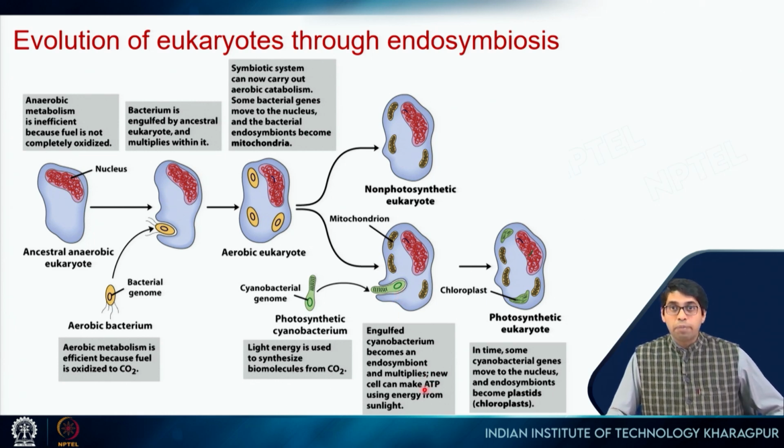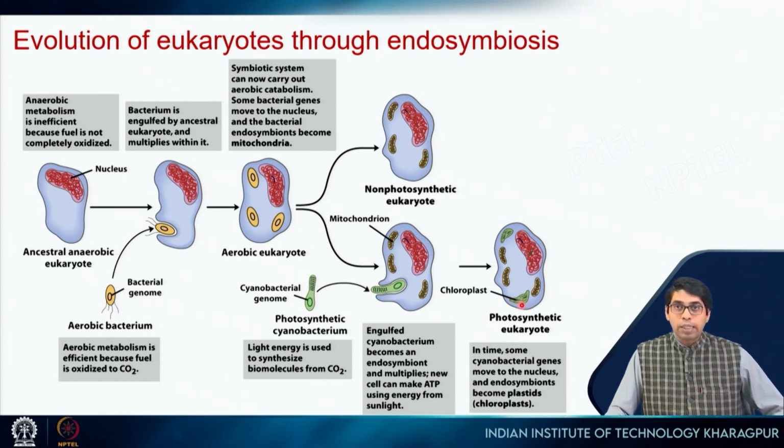Now it can make ATP using energy from sunlight. So this cyanobacteria becomes chloroplast. This is a photosynthetic eukaryote which has both chloroplast and mitochondria, and these are present in plant cells, in the leaves of plants where photosynthesis occurs. In time, some cyanobacteria genes move to the nucleus and endosymbionts become plastids or chloroplasts. We are going to look at these chloroplasts in more detail today, because this is where photosynthesis happens.